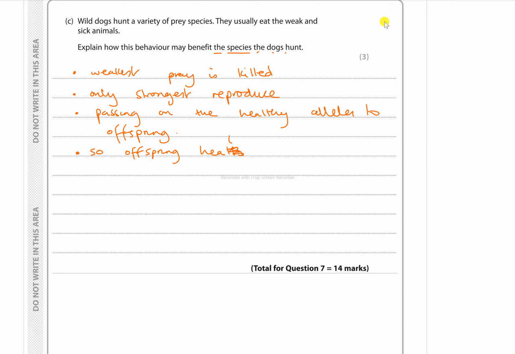When they survive, also the weak prey does not pass on disease or pathogens.